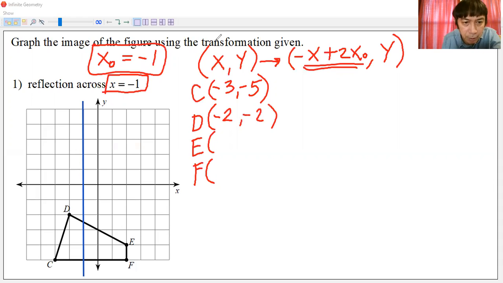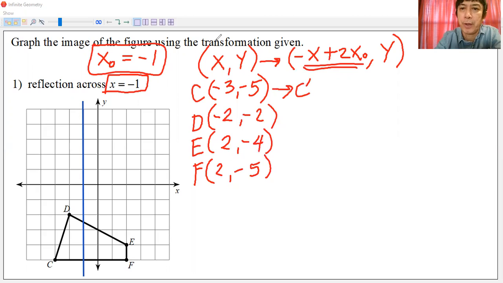Our point E, that's at the fourth quadrant, that's (2, -4). Our point F, that's (2, -5). There, (2, -5). Okay. Now we're going to use the letter notation with a prime. So this will be C prime there for the new point for the image, and this is D prime. This is E prime, and that's F prime there.